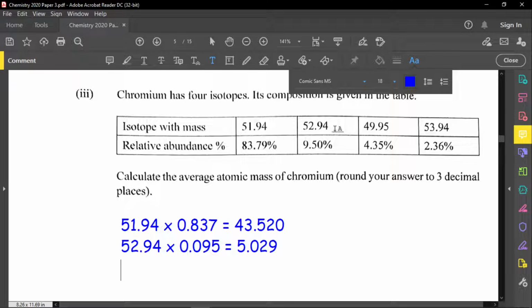Let's go to the other one, which is 49.95, multiplied by 4.35%, so 0.0435. That will give us 2.173.